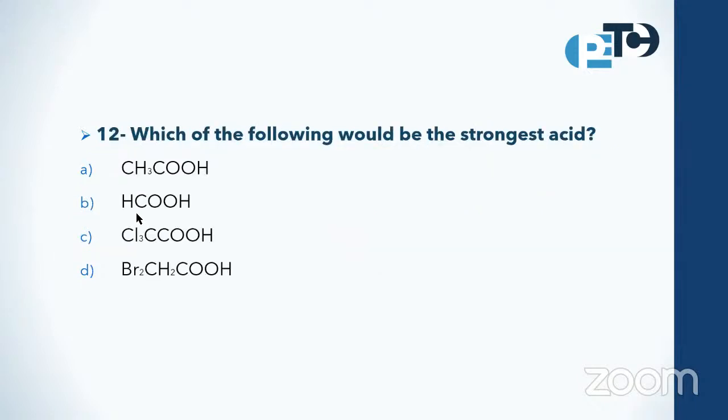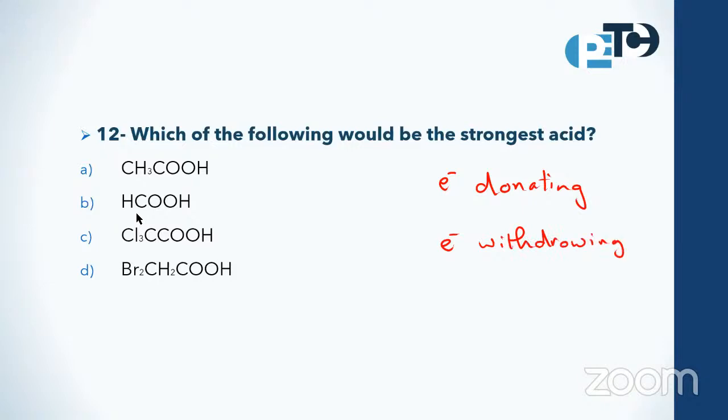A question regarding the comparison of the acidity of carboxylic acids. To compare the acidity, we need to know the types of groups attached to the carboxylic group. Is it electron donating or electron withdrawing?